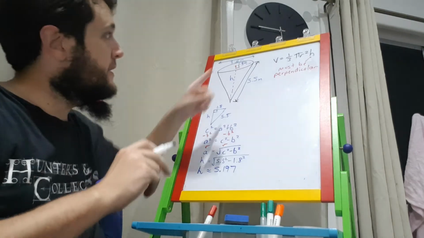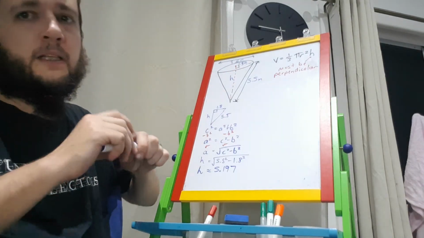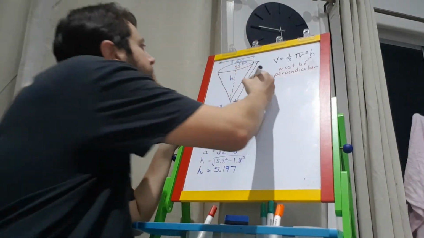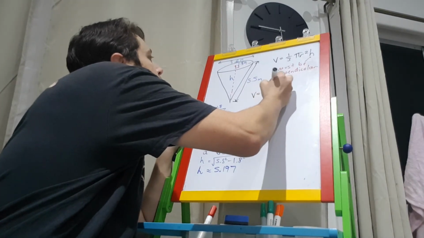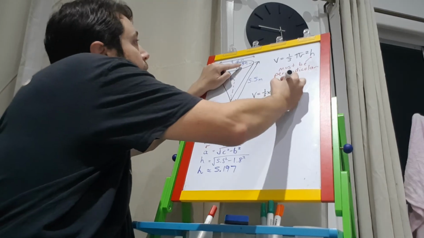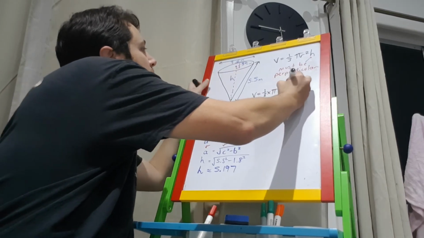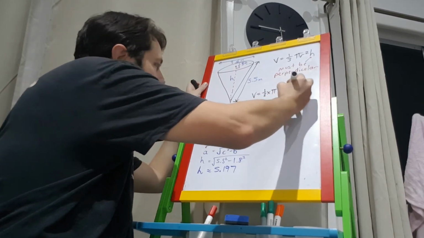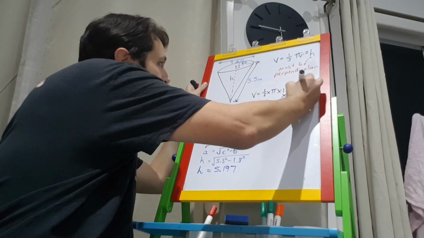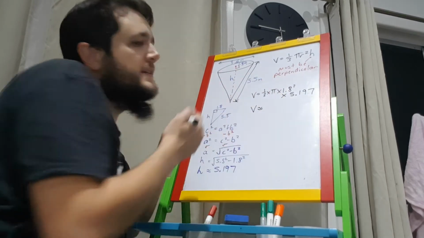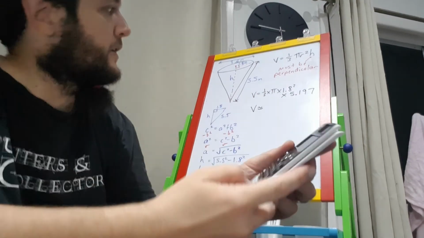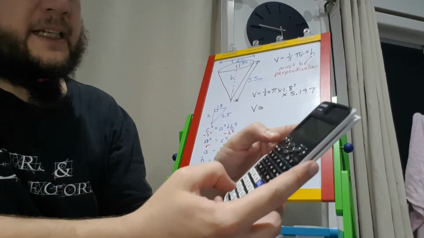We've got H, so we can go back to our original formula. Now I can put the values in. 1/3 times pi times, we've already worked out the radius, 1.8 squared, times the height, which is 5.197. And so the volume is going to be approximately equal to whatever we get when we put that in our calculator.